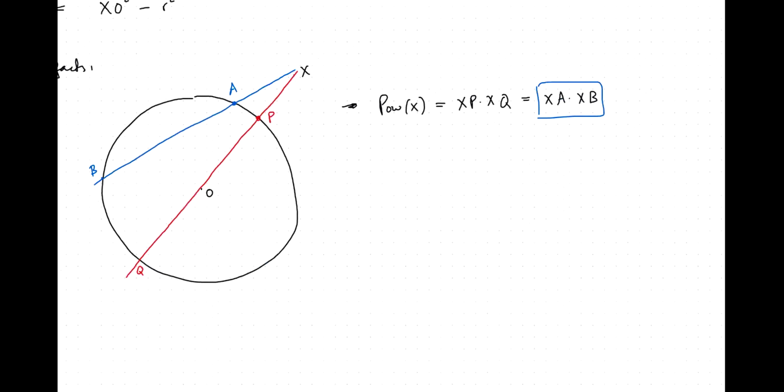The proof is easy. We want to prove that given X and any 2 segments, we don't even have to think about the diameter in particular for this proof. We just want to prove that XA times XB equals XC times XD. And well, simply we can observe triangle similarity with angle chasing.